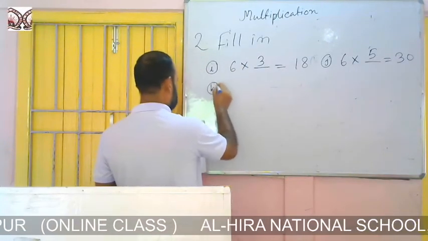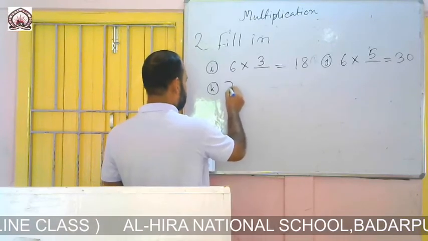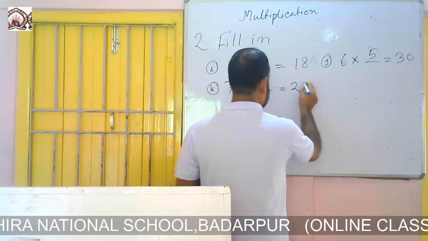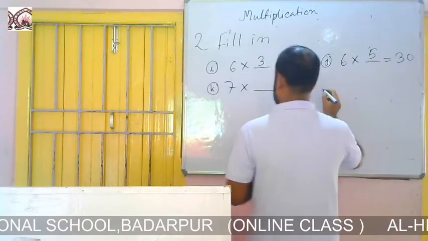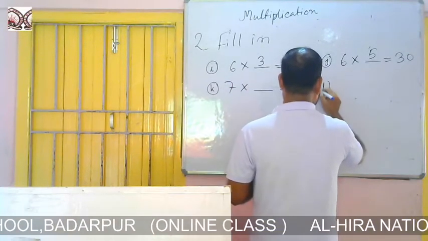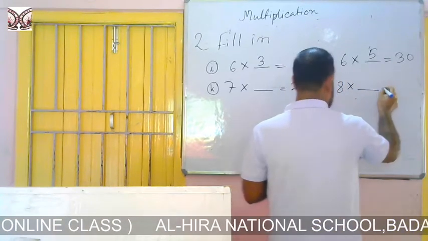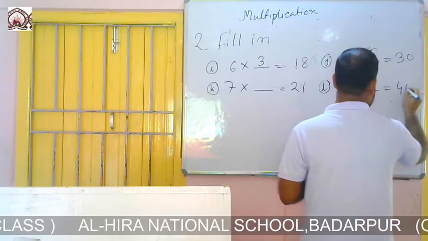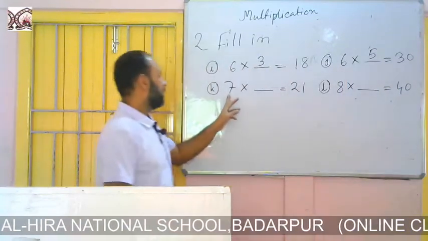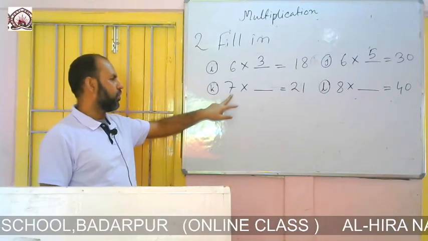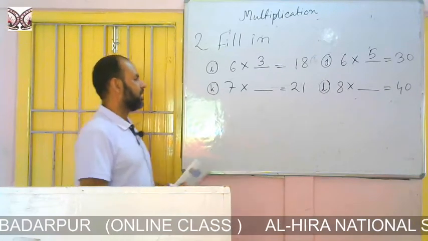Okay, 7 into dash equal to 21. 8 into dash equal to 40. So here 7 1 is 7, 7 2s are 14, 7 3s are 21.